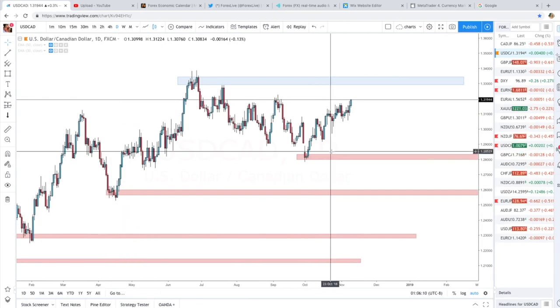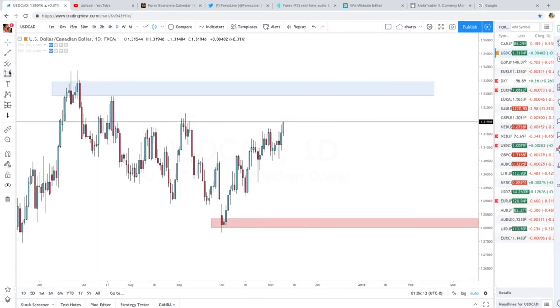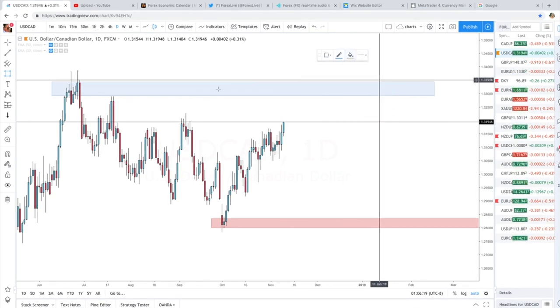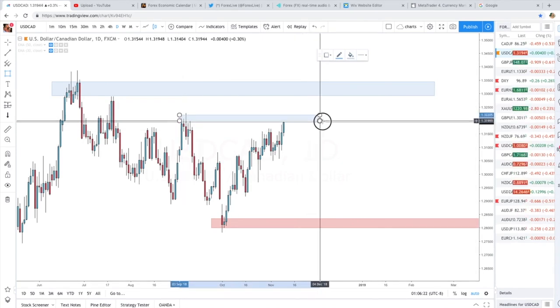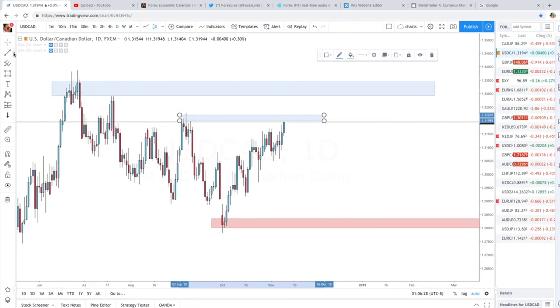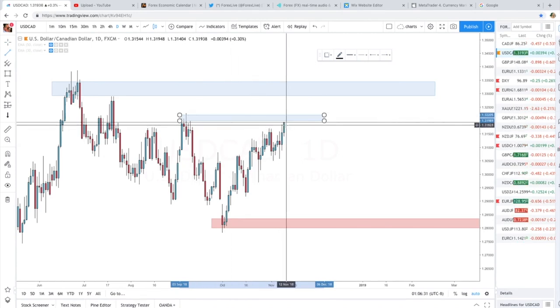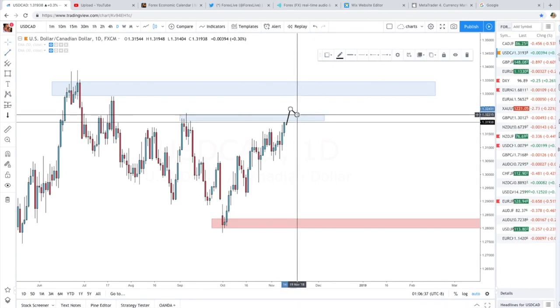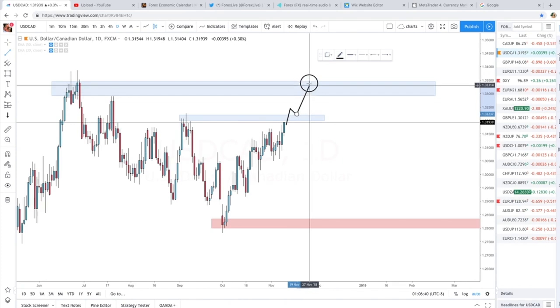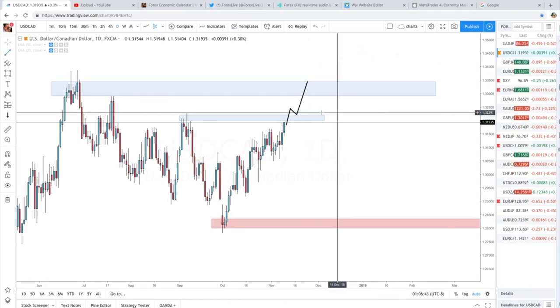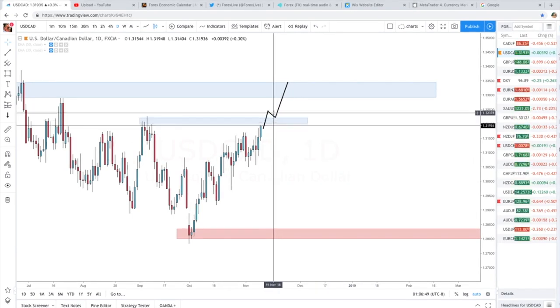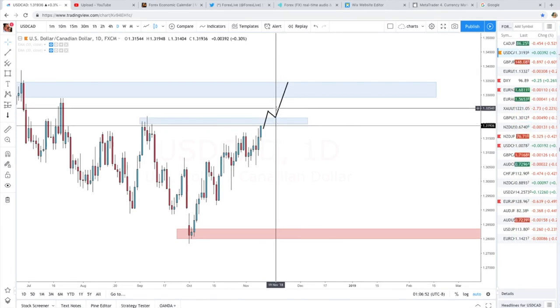So we marked up the zones on the weekly, and now we're going to mark up the zones on the daily. So we have a zone right here, next resistance. And then if price breaks that, retests, and goes to the next resistance, then we can take a buy when we show like a pin bar or a nice wick off this zone, showing that we had a positive retest.